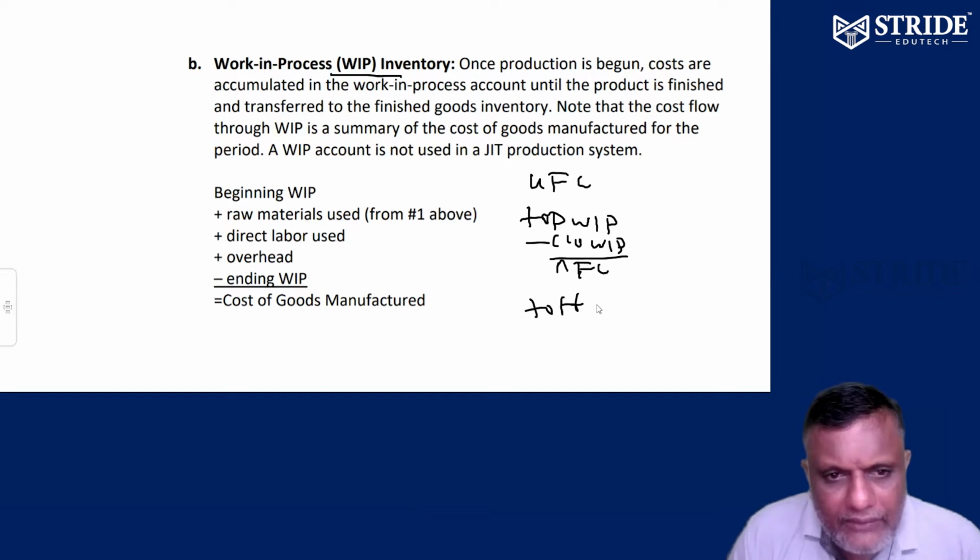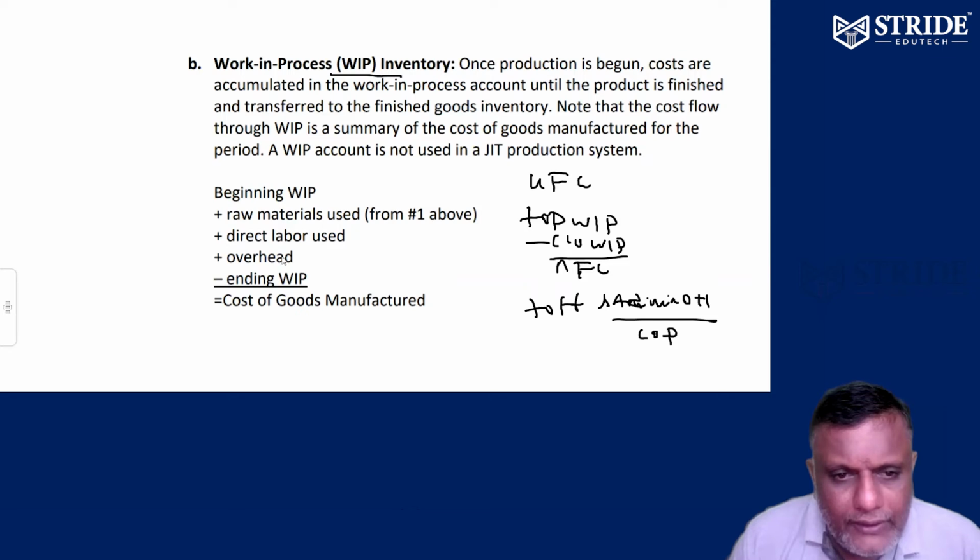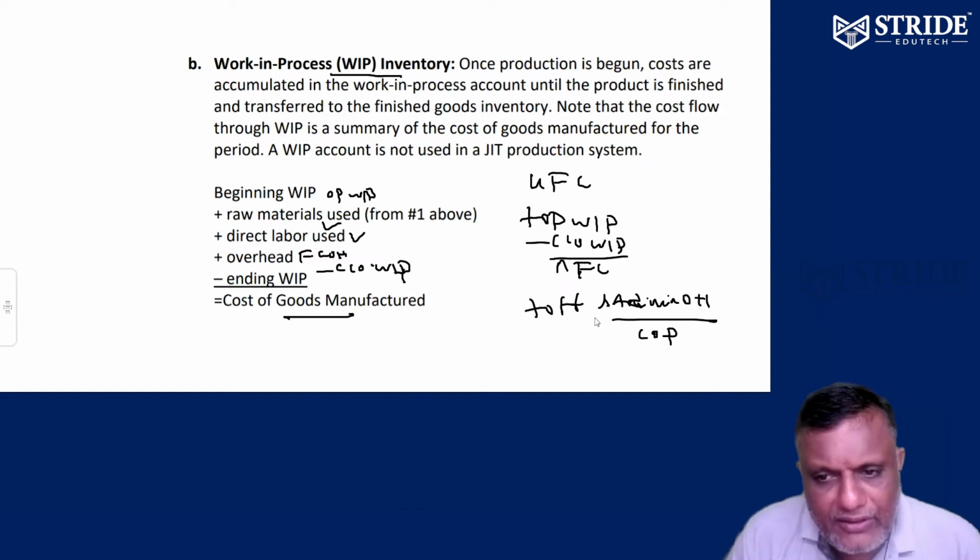With this, office and administrative overheads, please add. You will be getting cost of production, cost of goods manufactured. That's it. So raw material consumed, direct labor, prime cost plus factory overheads, add opening WIP minus closing WIP, will be getting cost of goods manufactured or cost of production.